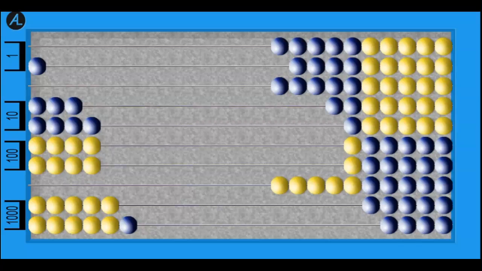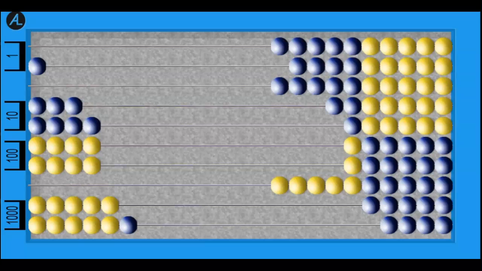Okay, so what I would like you to do, Daniel, is on your paper, we just did it on the abacus. On your paper, write down this problem, 8,396 plus 3,475, and I want you to show your addition work on your paper, right?